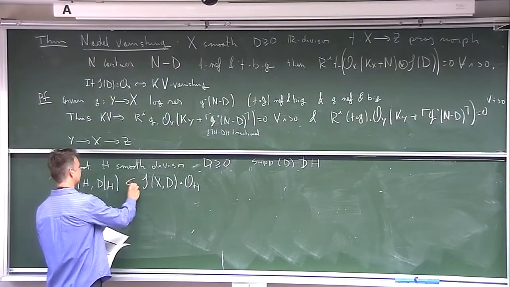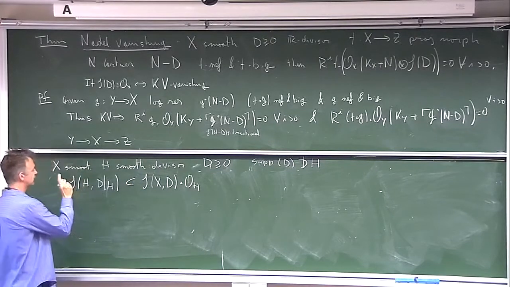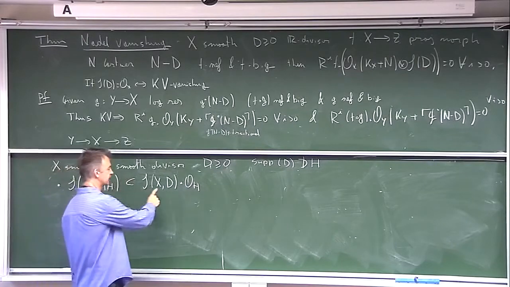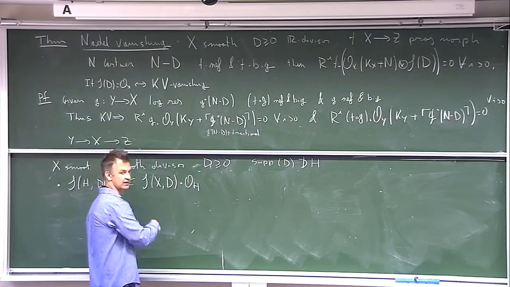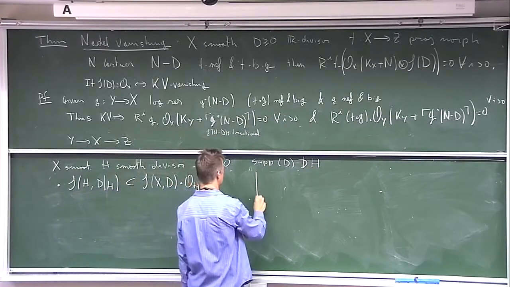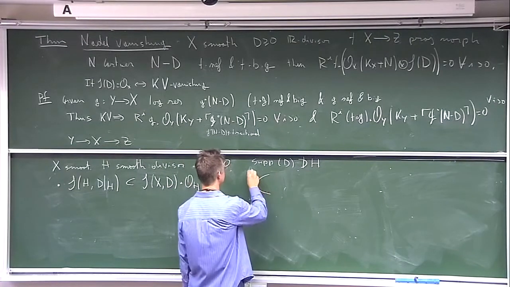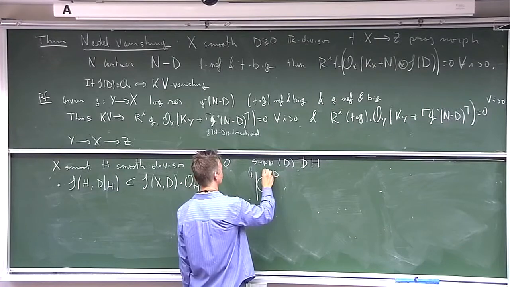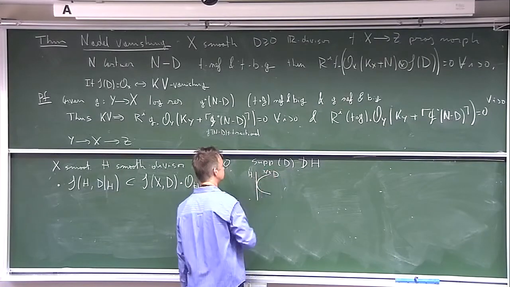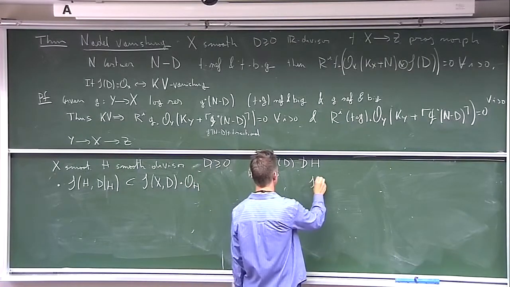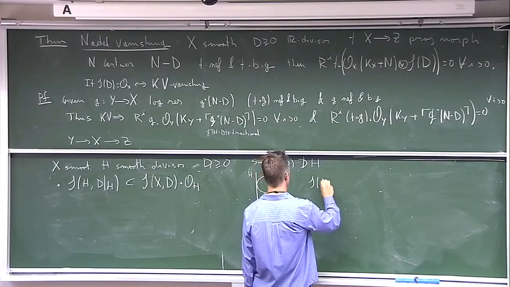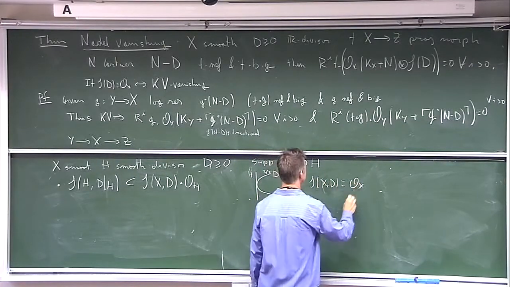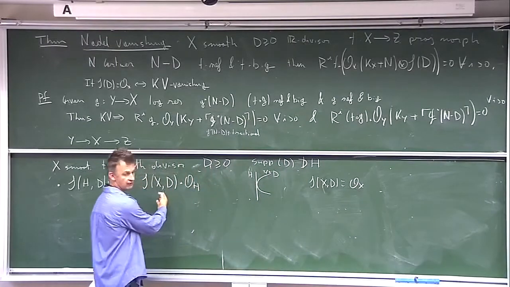So if you take a divisor and restrict it to a subvariety, you get possibly worse singularities than if you look at the divisor on the ambient variety. Here's a picture. This is my H. This is my divisor D, for which I'm taking coefficient 2/3. Then the multiplier ideal sheaf of (X, D) is just O of X, so the right-hand side is just O of H. Not interesting.